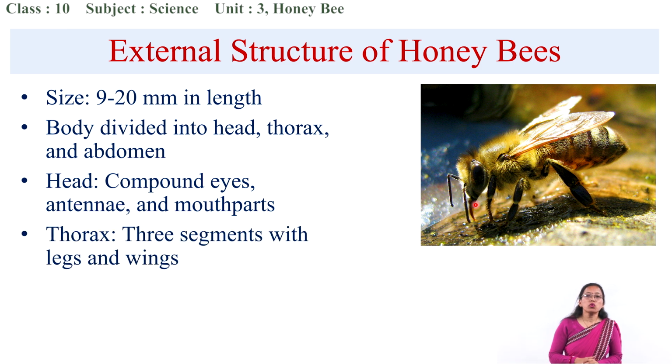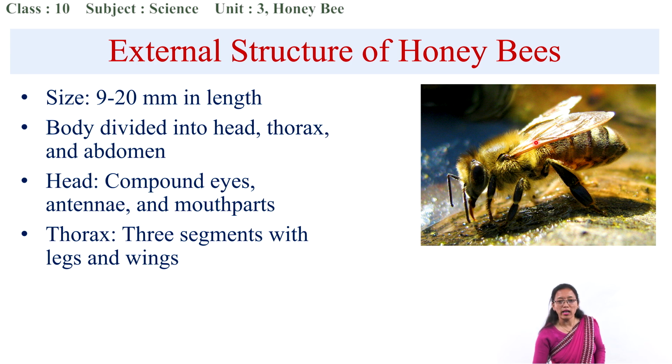And next one is the thorax region. See, here the thorax region is from this part to this. This region is called the thorax region. There are 3 segments: first, second and third. From each segment there is a pair of legs, one leg this side and another leg this side. So 3 pairs of legs arise from these 3 segments of the thorax, and there are 2 pairs of wings.